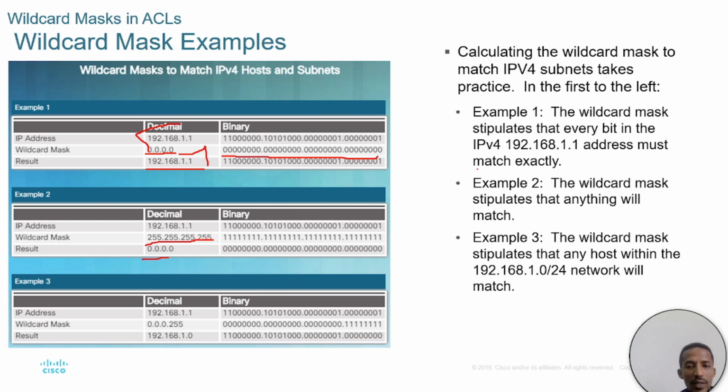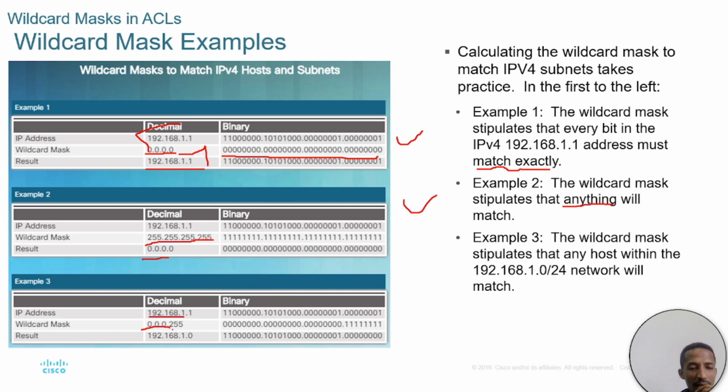So the first one is an exact match. On the second one, anything. That one is exact, this one is anything. What about the third? When you combine these two, these three zeros represent an exact match. So these three numbers should be repeated: 192, 168, 1.